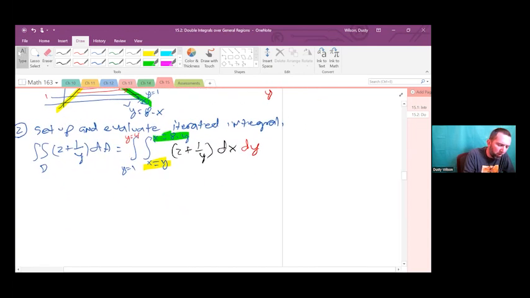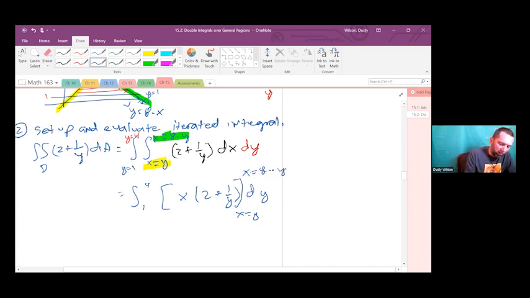So notice that we are integrating with respect to x, so all this garbage is a constant as far as x is concerned. I'm going to go from 1 to 4, and then we'll have x times 2 plus 1 over y dy, going from x equals y to x equals 8 minus y.